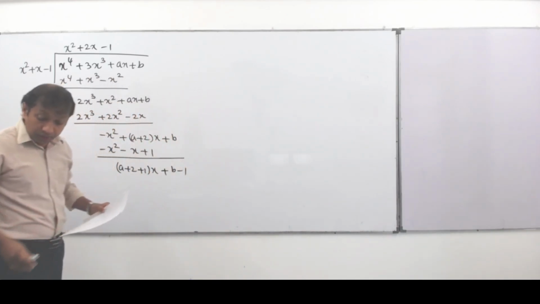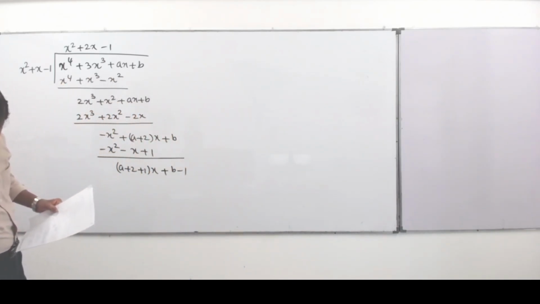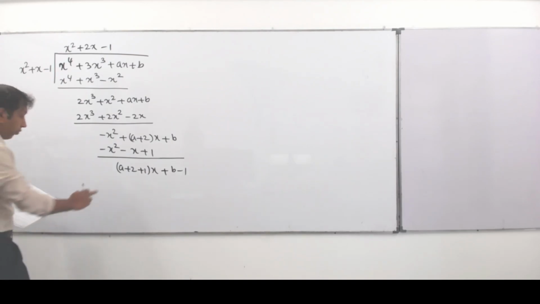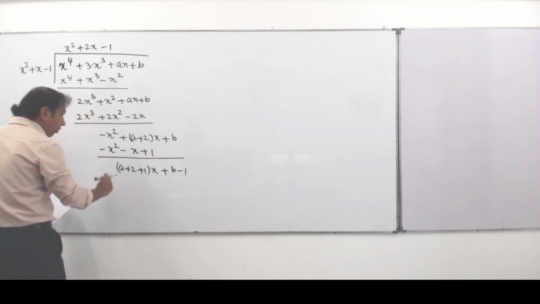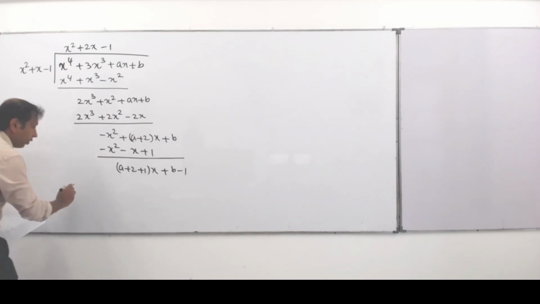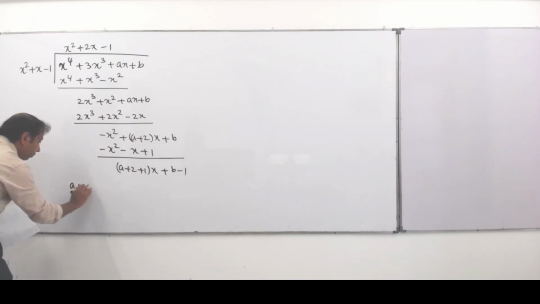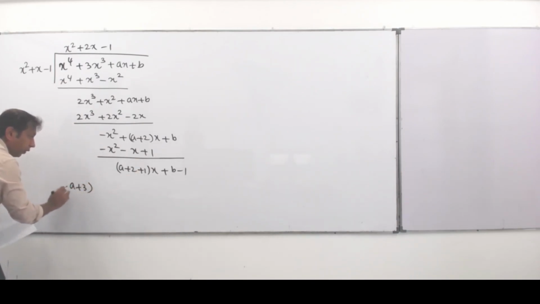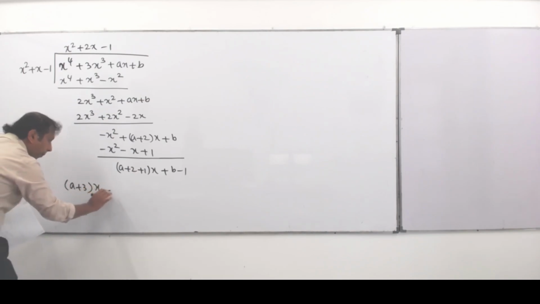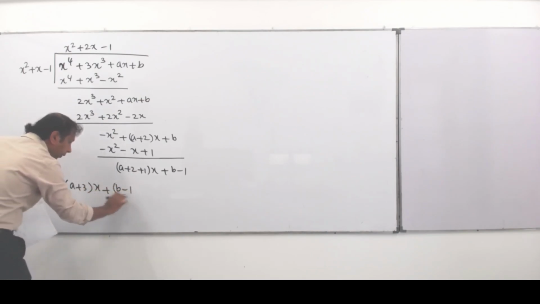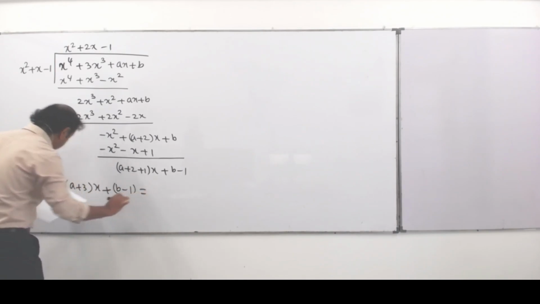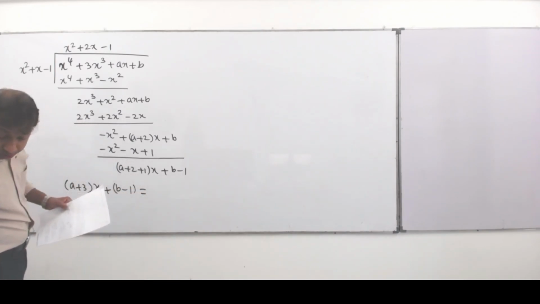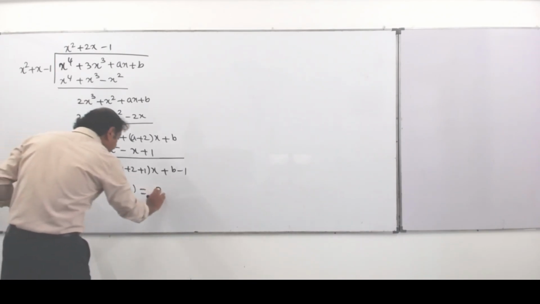Now we are given the remainder is 2x + 3. So therefore this is the remainder: here we get (a + 3)x, since 2 plus 1 is 3, and b minus 1. This is the remainder. We are given this remainder is equal to 2x + 3.